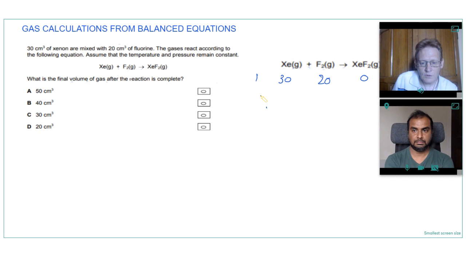So then we look at the C in ICE, which is the change. So we're looking at how much of the reactant is used up and how much of the product is formed. So here, because we've got less of the fluorine, and it's a 1-to-1 ratio, then that's going to be the limiting reagent.